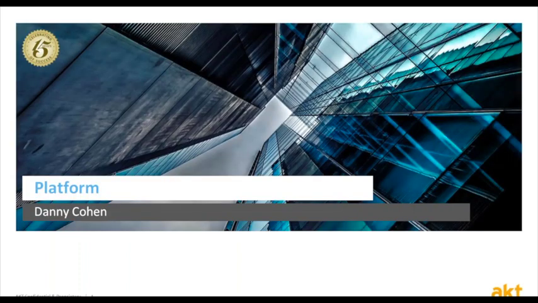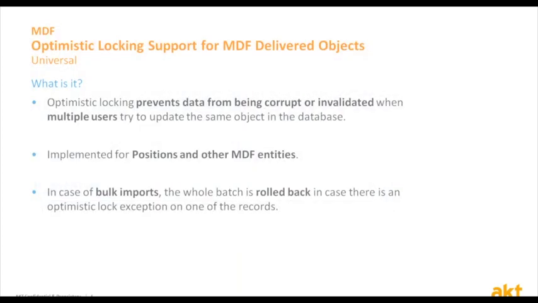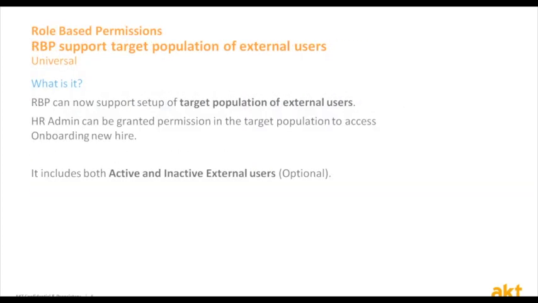So we start with the platform. Our first topic is about role-based permissions. It's now an option to have target population of external users. You now have an option to create groups of external users and assign them to roles in your role-based permissions.